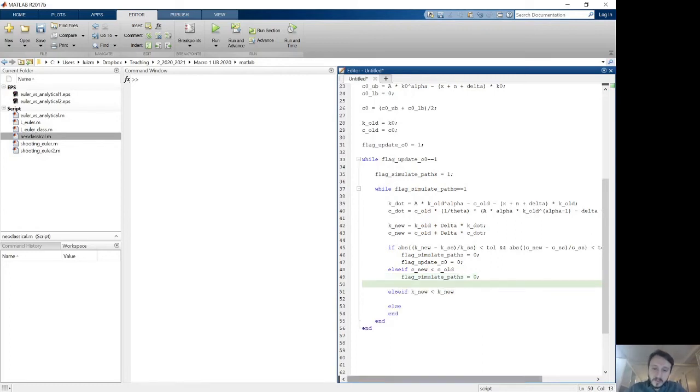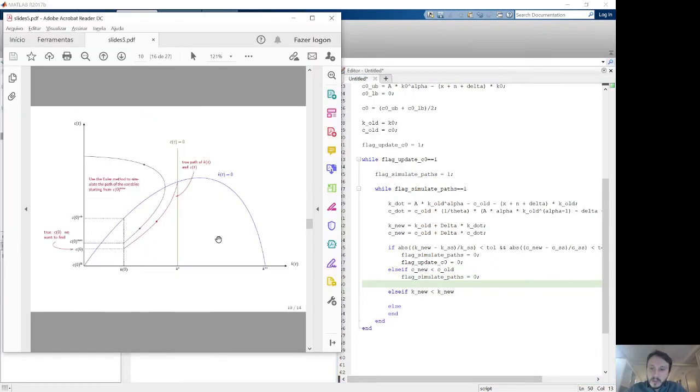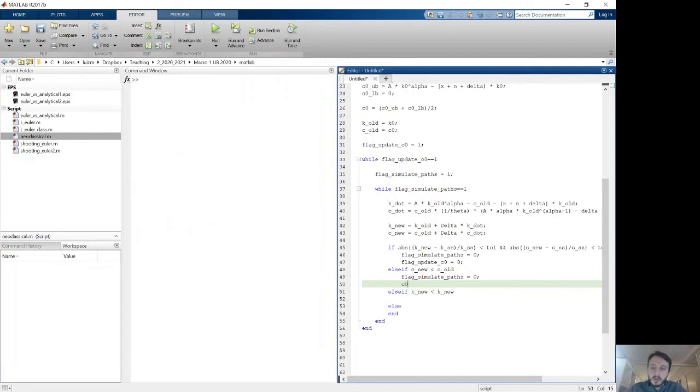Okay, so if this happens, remember, we are in the case in which consumption starts decreasing. So we are in this case here. If this happens, we want MATLAB to update the lower bound of the interval to be equal to the guess that we made previously for the initial consumption. So lower bound is equal to C0.